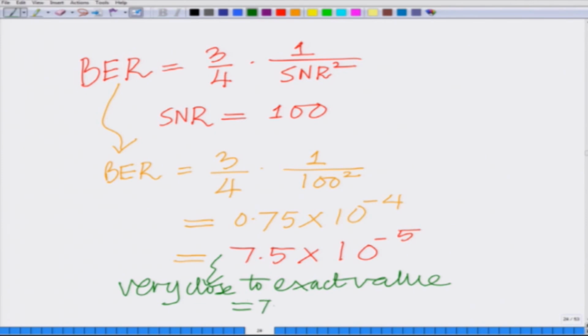The exact value was 7.2564 times 10 to the power of minus 5. So, the approximate bit error rate is very close to the exact value.